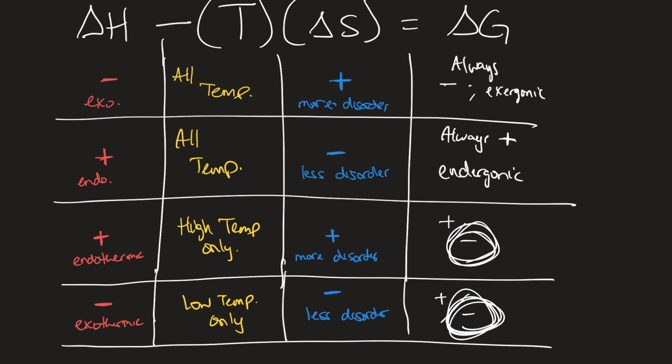So meaning free energy is released and delta G is negative. Remember, spontaneous has nothing to do with how quickly the process takes place. It's just a matter of fact that the process could take place on its own, okay? While a non-spontaneous process requires continuous external influence, all right, and it is endergonic, all right? So that means free energy is being added and delta G is a positive value.